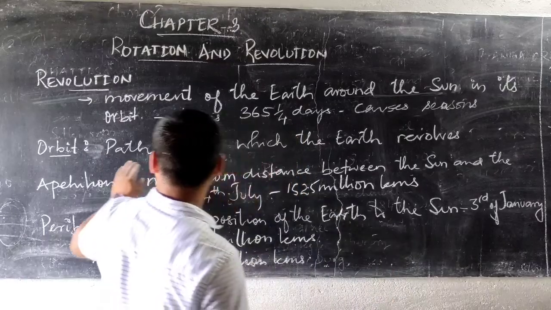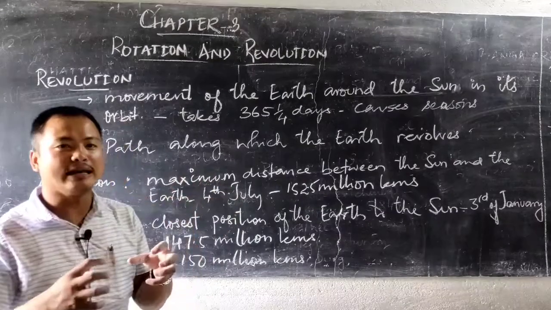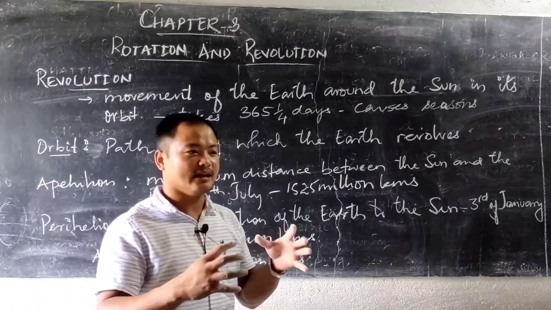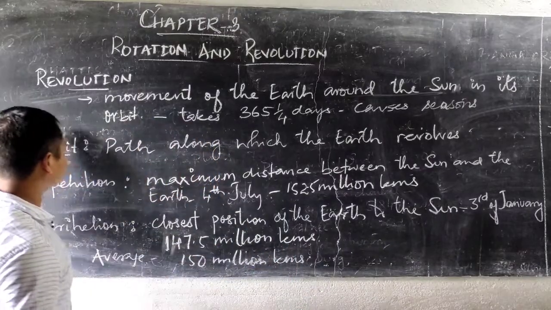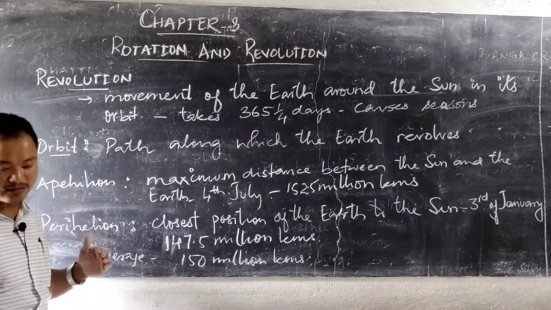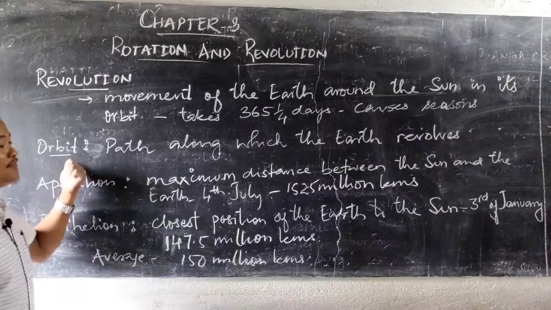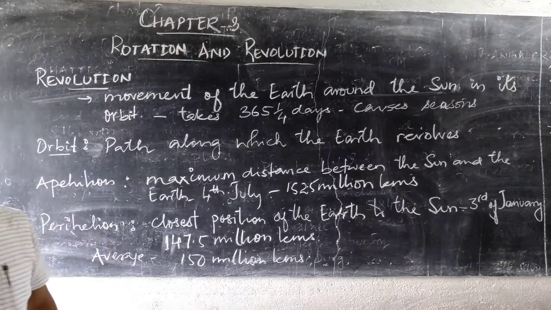The sun keeps holding the planets through its gravitational attraction, and hence they remain in their own orbit. So when the earth moves round the sun, it does not deviate away from the orbit, as it is equally held by the gravitational attraction.